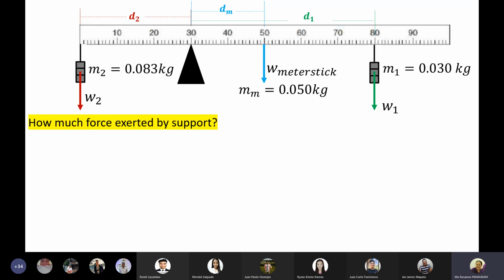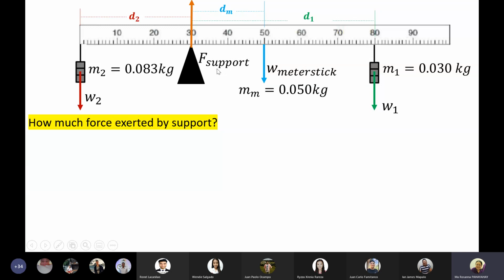So that is 0.83, and in this problem we are also going to find the force exerted by the support, our pivot. Since this is a pivot, the direction of the force of the support is always going up. That is the F support.